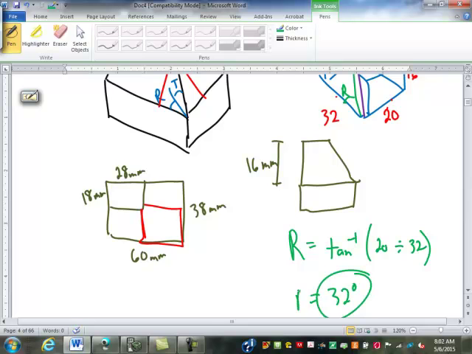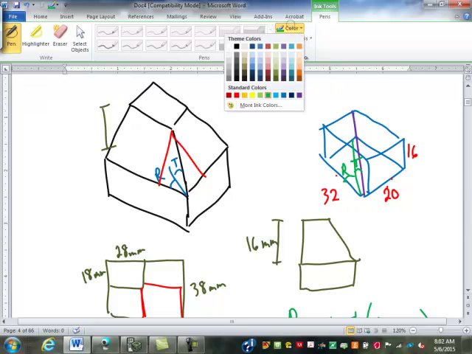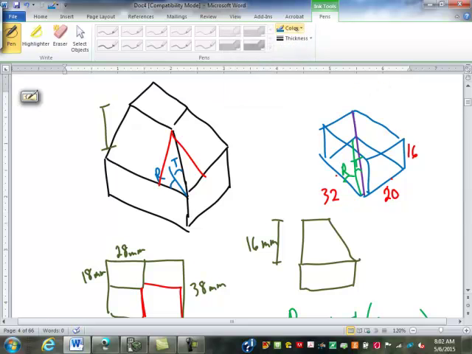Works for me. And our tilt, how do we find our tilt? Got to find a length. Very good. What do we get for that length of that edge? That'll be the square root of 16 squared plus 20 squared plus 32 squared. 40.99 millimeters works for me.